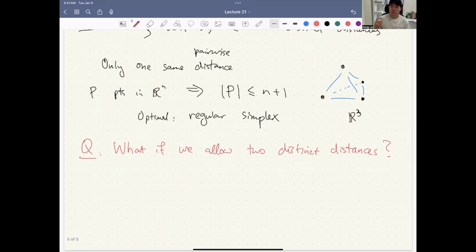Let's first think of some lower bounds. What's a good way to construct a set of points in R^n with many points, but the distance between pairs of them can only take 2 different values? One way to think of them is it's always good to discretize things, to think of 0,1 vectors.